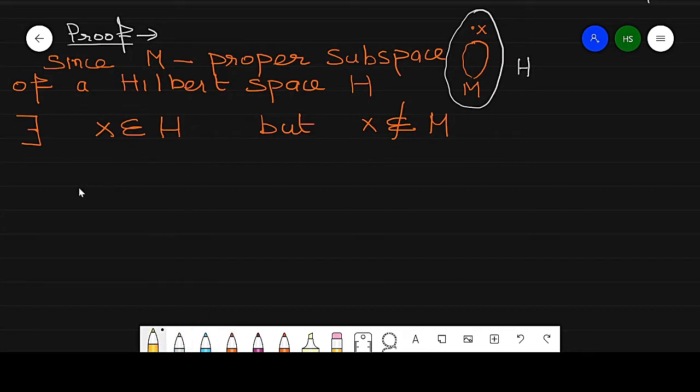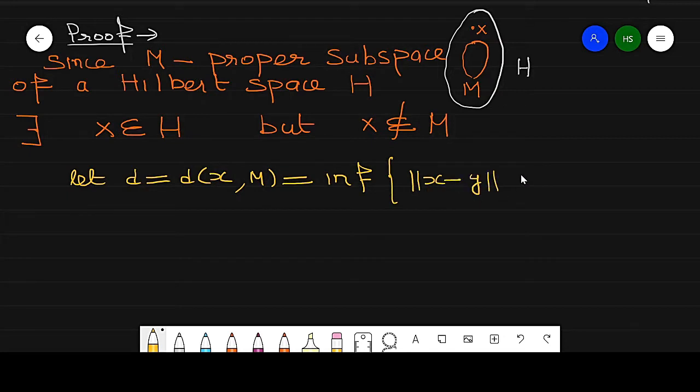Now next, let D be the distance of vector x from M. So what is this? It is the infimum of the norm of x minus y such that y belongs to M. Now from this, x does not belong to M, but y belongs to M. So it means that D cannot be equal to 0.